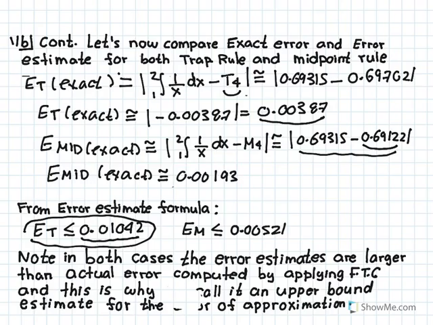And similarly, for the midpoint error estimate, we have 0.00521, compare that to the actual error, which is 0.00193. So in both cases, the error estimates are larger than the actual error computed by applying the fundamental theorem of calculus, and this is why we call this an upper bound estimate for the error of approximation. So that's the reason we call it an upper bound.